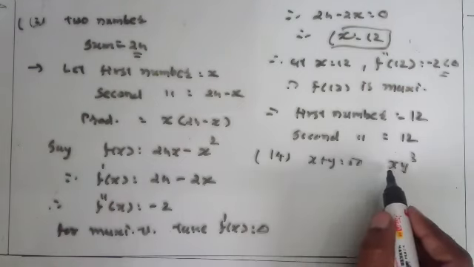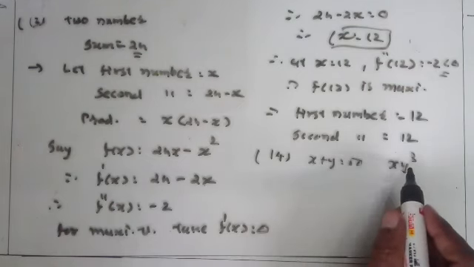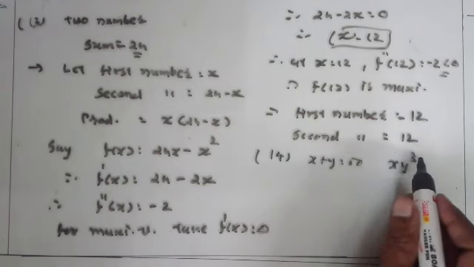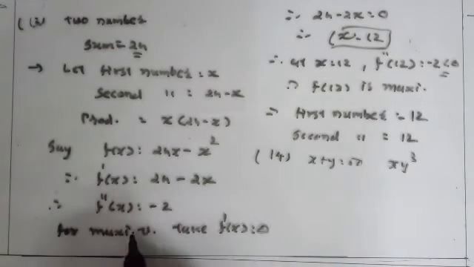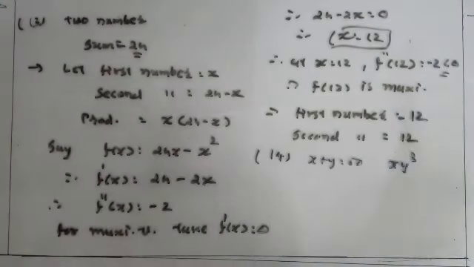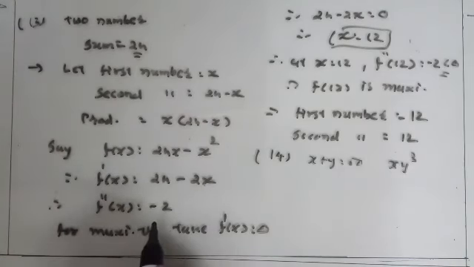So we get a function f(x) is equal to x into 60 minus x raised to 3. Get the first derivative, second derivative, compare the first derivative with 0, get different values of x, and put in the second derivative for maximum. Find the value of x in such a way that the second derivative becomes less than 0 for this value of x.